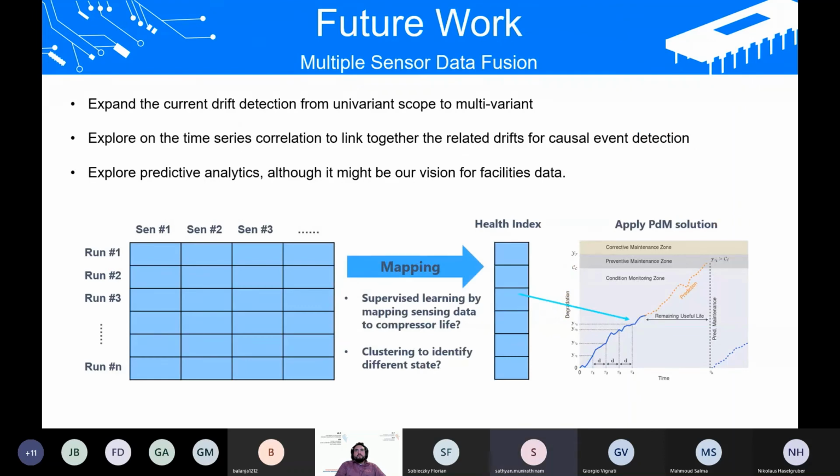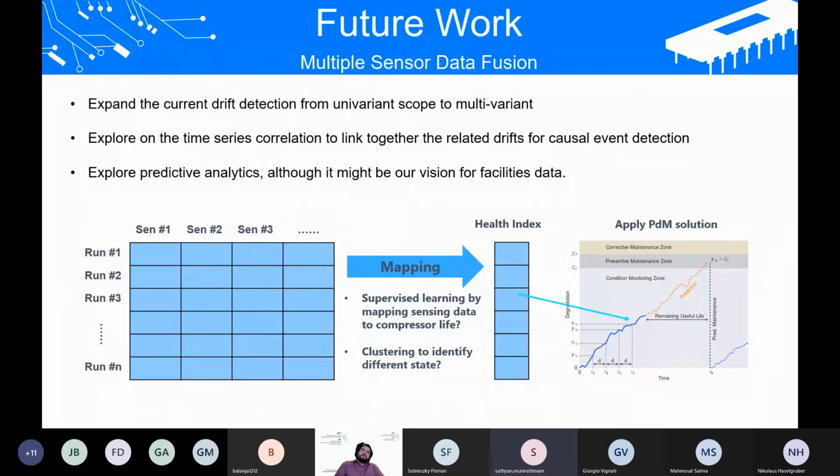Okay, the future work, right? There are a lot of things that we still need to address. The current algorithm uses each sensor and comes up with a model for it. But we want to move from a univariate approach to a multivariate one, right? How do we combine every sensor and come up with one score, a kind of health score, and say, hey, I think this specific dry compressor is in pretty good shape, and we don't need to worry about it.